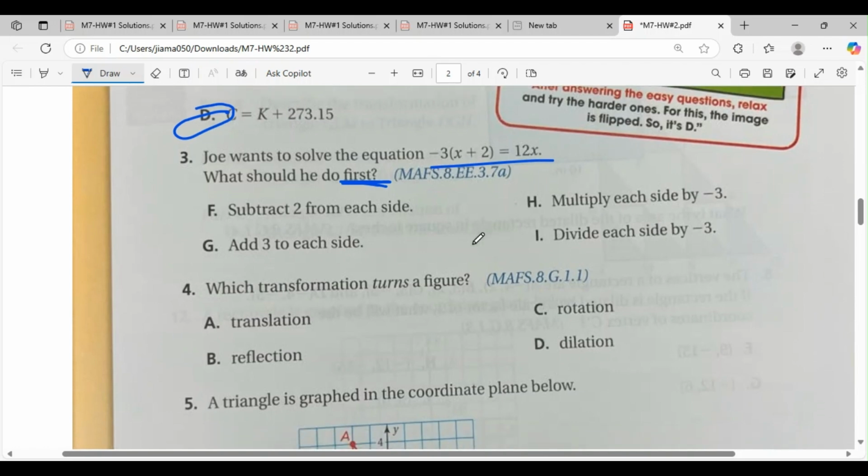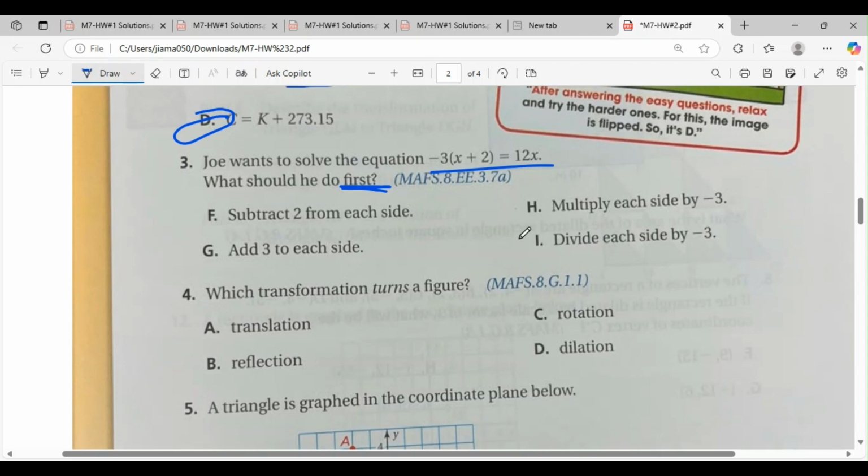So our first step is to divide each side by negative 3. So which means I is the correct answer, also our first step to solve the equation.